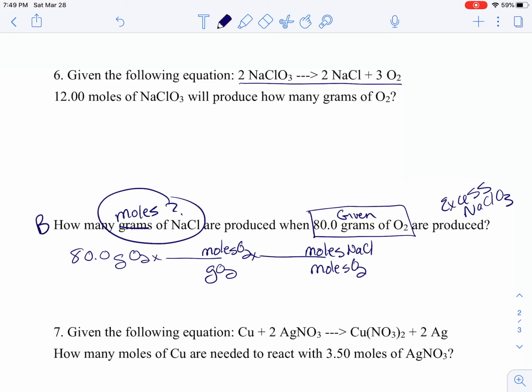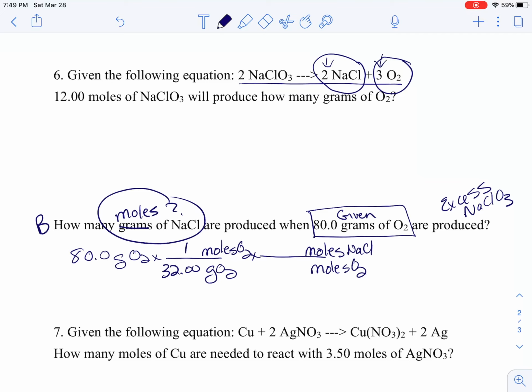So in order to determine how many moles per grams, we need the molar mass for oxygen. So we're going to put the 1 in for moles, and the molar mass of oxygen when it's diatomic is 32.00. The only thing else we need for this problem is the moles of NaCl and the moles of O2. So here's our moles of O2, and here's our moles of NaCl.